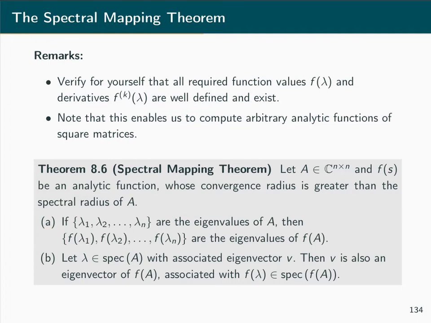First, if lambda 1 through lambda n are the eigenvalues of A, then f of lambda 1 through f of lambda n are the eigenvalues of f of A. And second, if lambda is an eigenvalue of A with associated eigenvector v, then v is also an eigenvector of f of A associated with the eigenvalue f of lambda in the spectrum of f of A.